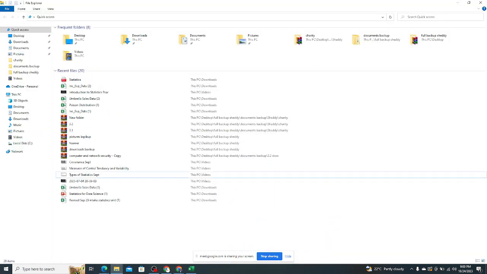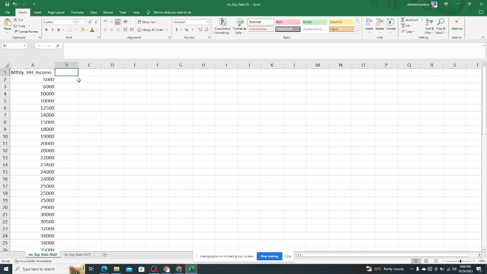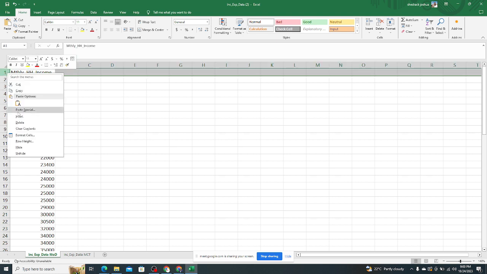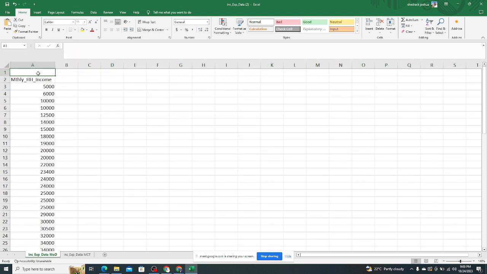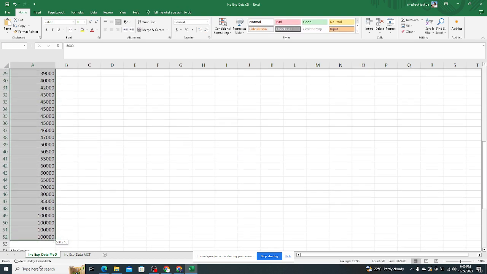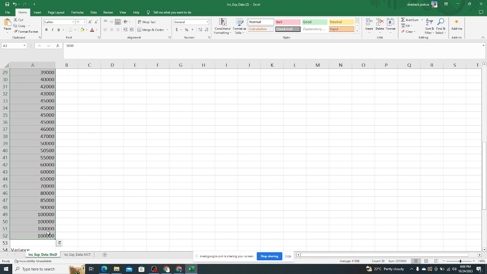Basically what I mean is that in this case, our monthly income values, all these values, are our xi's.